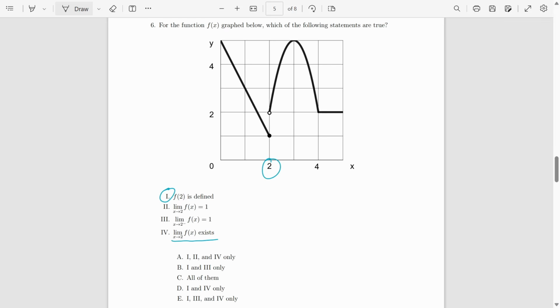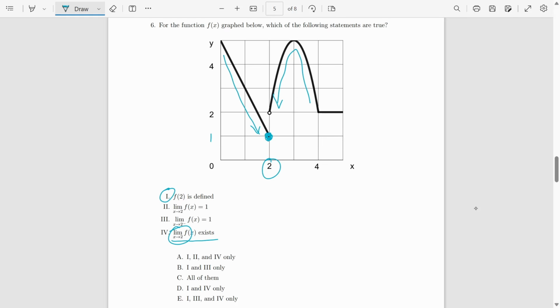For general limits, which are just limits that aren't one-sided, which this is, you have to consider the left-sided limit and the right-sided limit. The only way that the general limit can exist is if the left-sided limit and the right-sided limit both approach the same value. The left-sided limit looks like x is approaching this point, which is y equals 1.